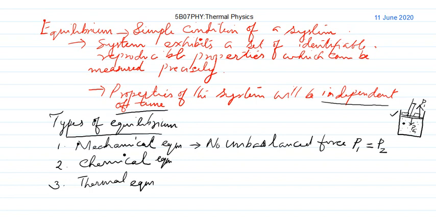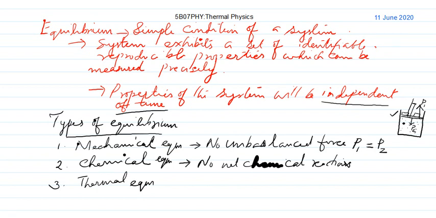Now coming to the case of chemical equilibrium, whenever there are no net chemical reactions taking place inside the system, or no new products are formed, there is no net movement of molecules or entities inside a system, we will say that the system is in chemical equilibrium.